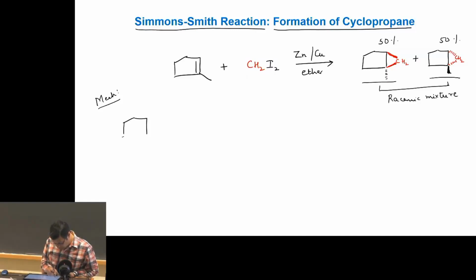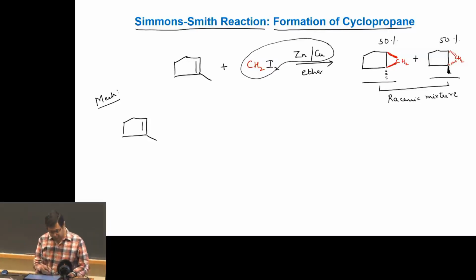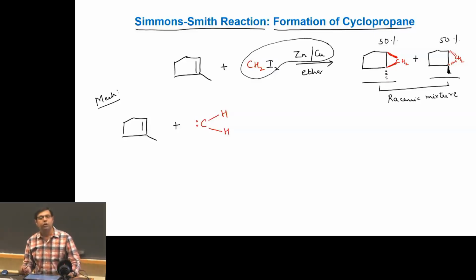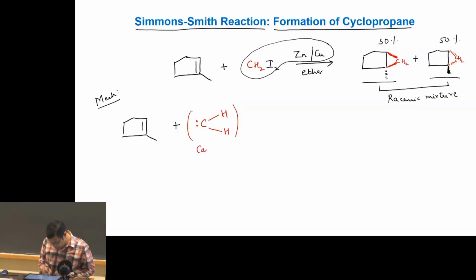You're starting off with this alkene. Now this combination of reagents, CH2I2, zinc and copper, generates this species. This is the active reagent in this reaction, and this is called a carbene.